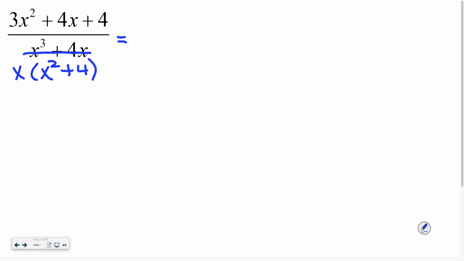Since there are two factors, we want two fractions. Our first factor is x. Our second factor is x squared plus 4. X is linear, so we're going to put just a constant in the numerator. But x squared plus 4 is quadratic, so she wrote a linear in the numerator.